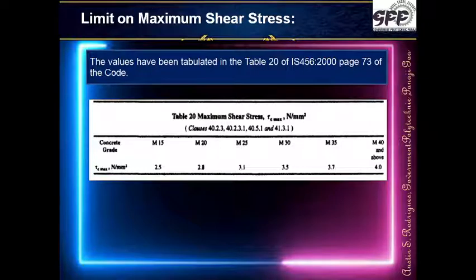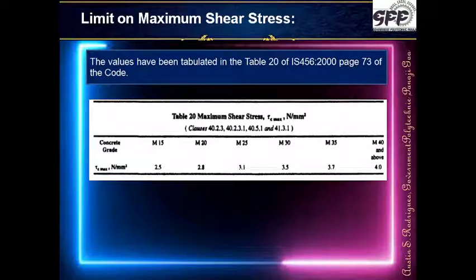Second option: since tau v has become more than tau c max, how about reducing tau v? We know that the formula of tau v is Vu upon Bd. Vu is the ultimate load, which depends on the external load, and we don't have any control over the external load.